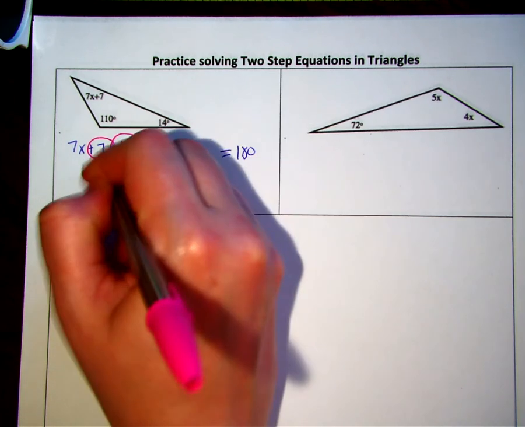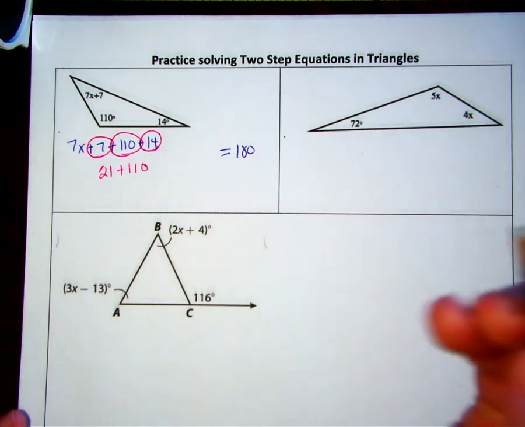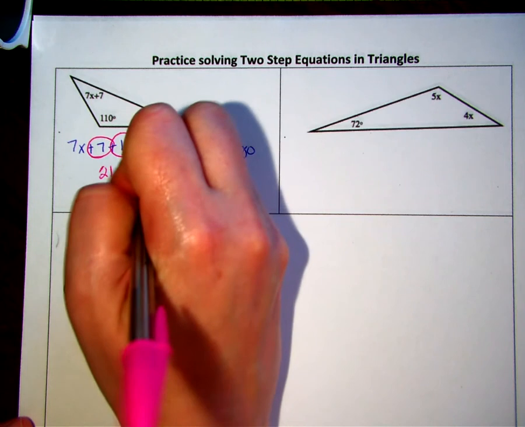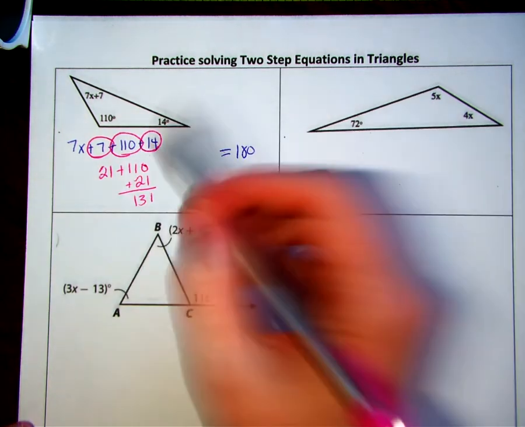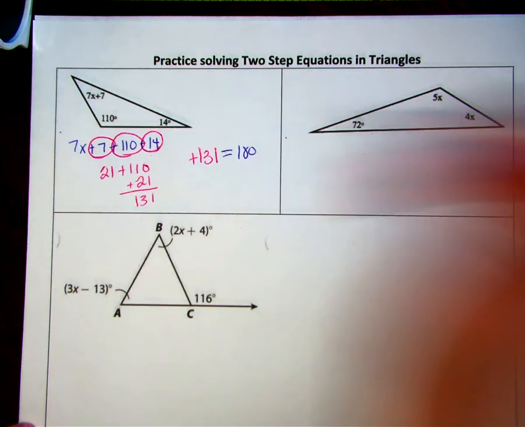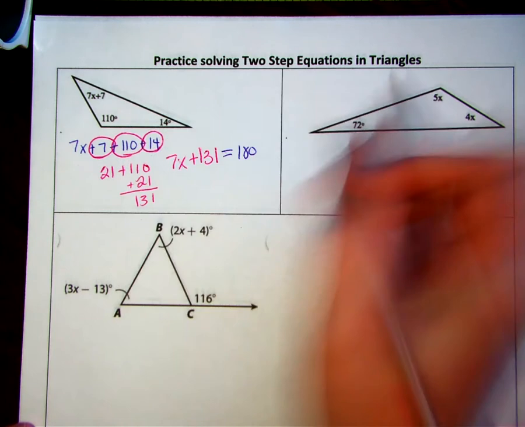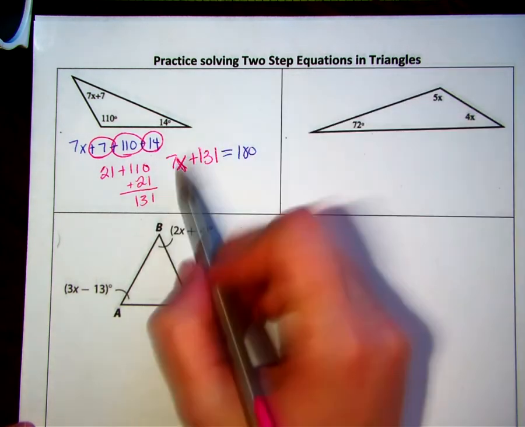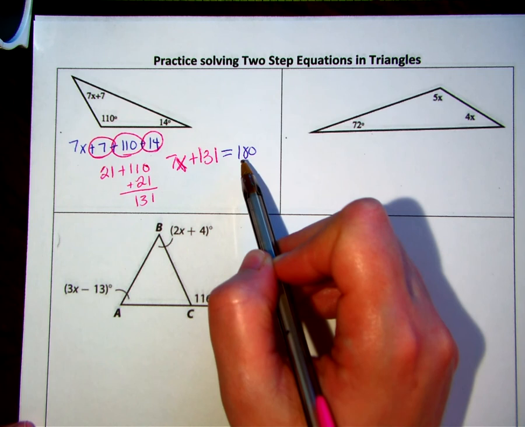And then 21 plus 110 would be 131. So that's your constant. You're going to put 131, and it's a positive. And then you're just going to bring your 7x over. So this is your two-step equation right here: 7x plus 131 is equal to 180.